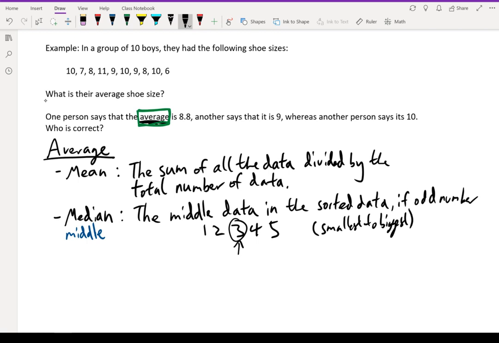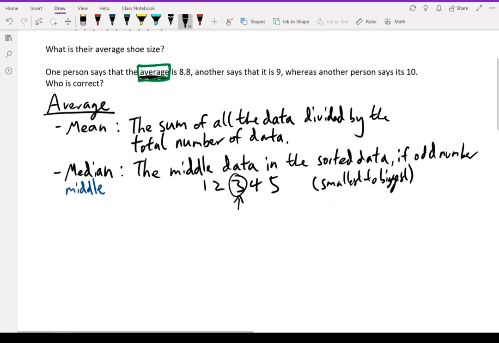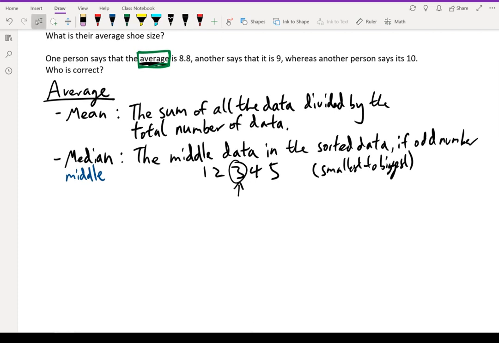Okay, now if there are an even number of data, so let me say 1, 2, 3, 4, 5, and 6. Usually, if you think of 6 number of data, you would say, oh, okay, I just divided by 2. That's the third one. And if I take that third one over there, does it look like it's in the middle?